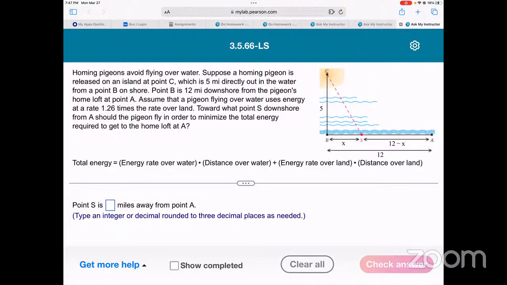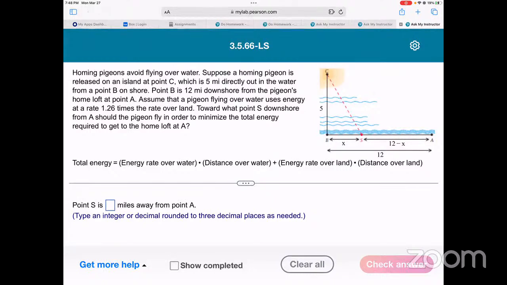And the energy consumption over water, I'm going to let that be 1.26, because it's 1.26 times the energy consumption. So they use a little bit more energy over water. The distance over water, I guess we can use the Pythagorean theorem for the right triangle, a squared plus b squared equals c squared. We'll get that momentarily. And the distance over land is going to be 12 minus x.